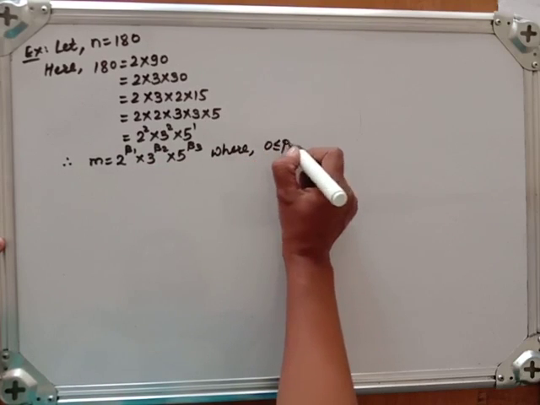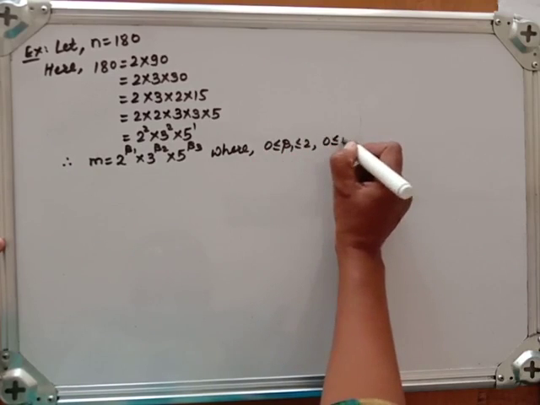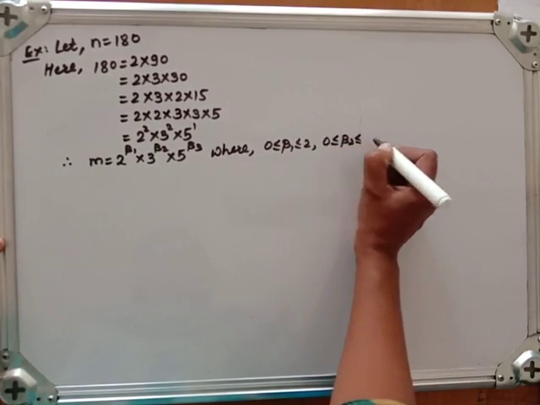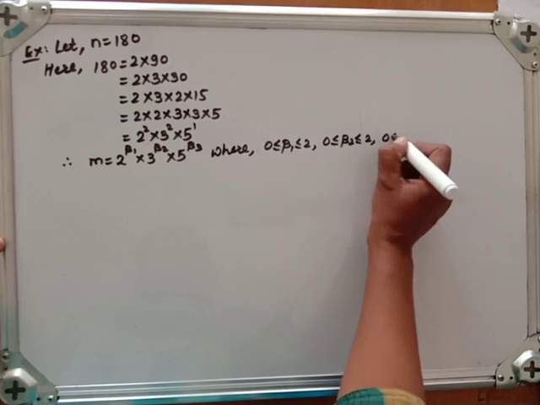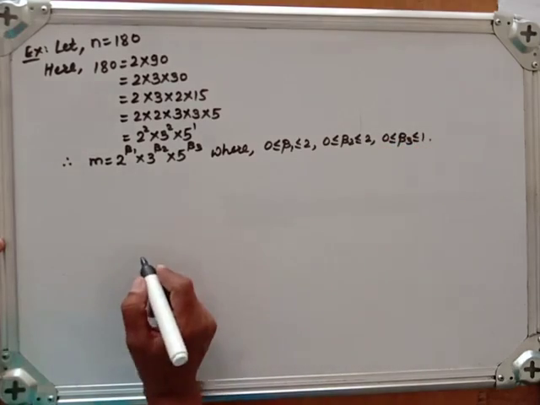Where 0 ≤ beta 1 ≤ 2, 0 ≤ beta 2 ≤ 2, and 0 ≤ beta 3 ≤ 1. Okay.